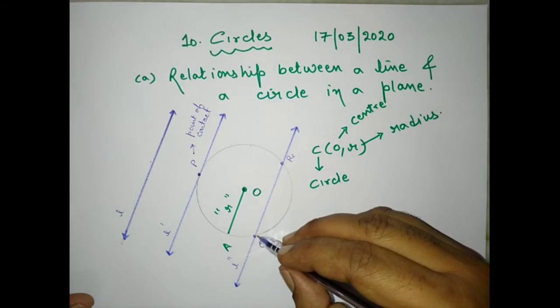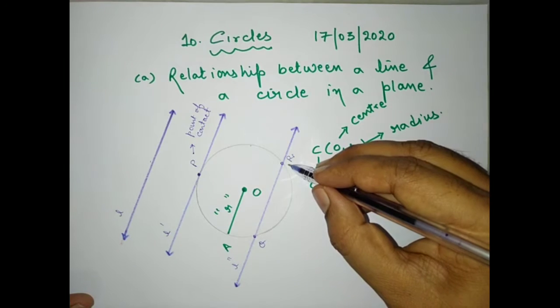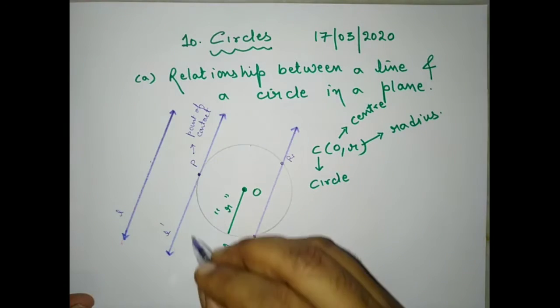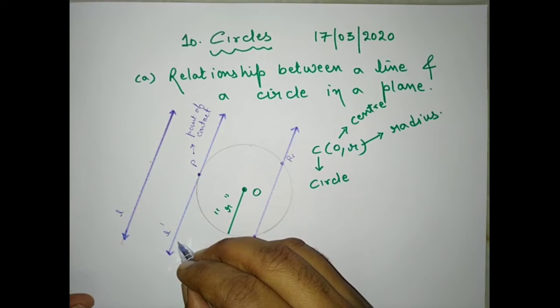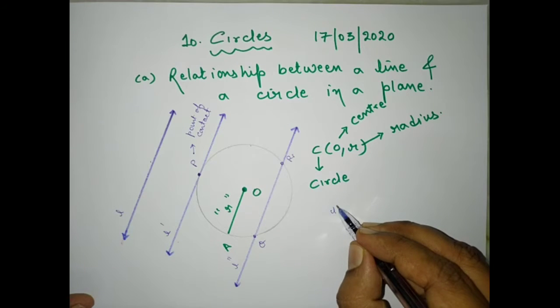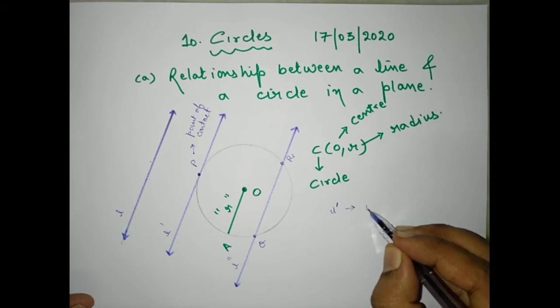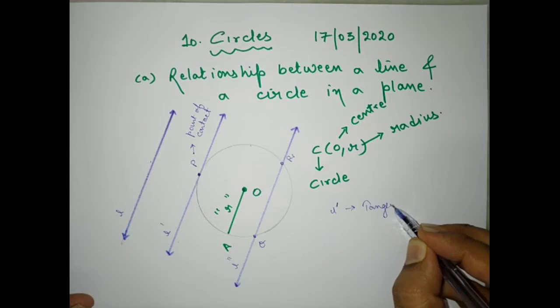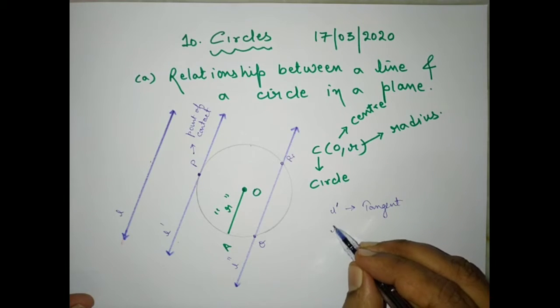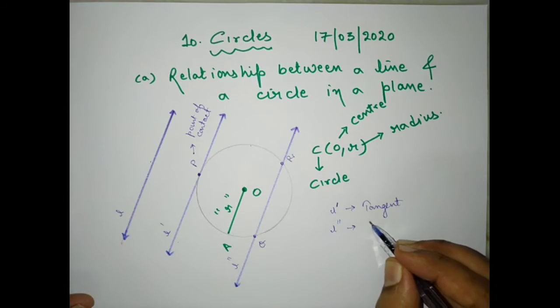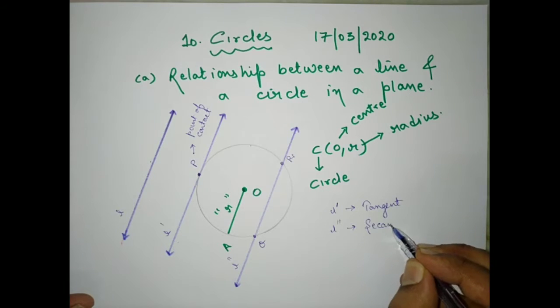Now, based on the number of points of intersection, we decide the naming of these lines. The line which touches the circle at only one point is known as a tangent, whereas the line which intersects the circle at 2 points is known as a secant.